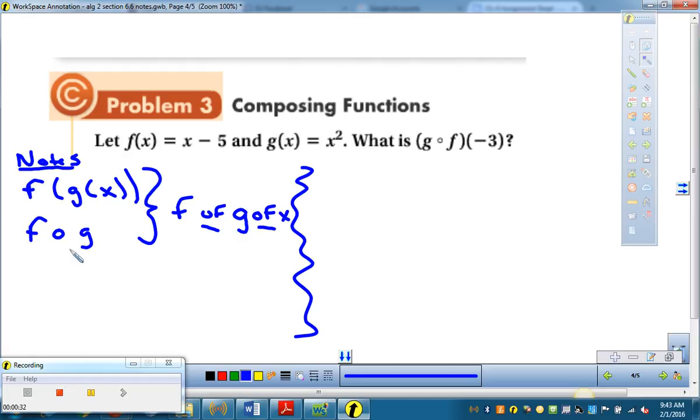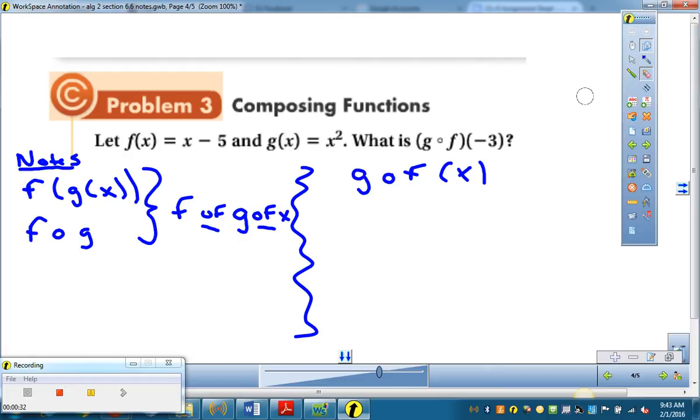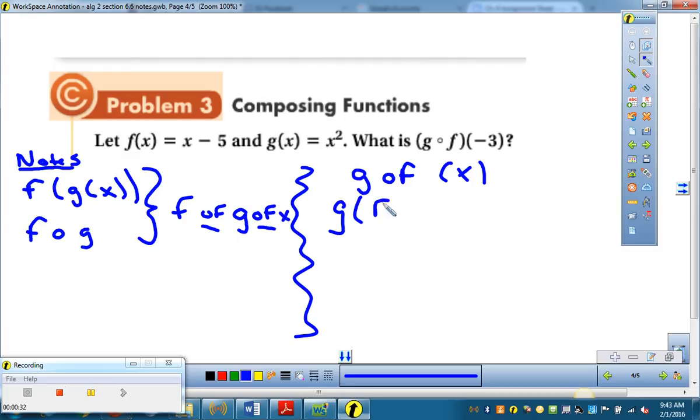So the first thing I would do, since they are asking us about g of f of negative 3, but we are going to find g of f of x first, is write g parentheses f of x. So it's easy to see that the f of x is on the inside.